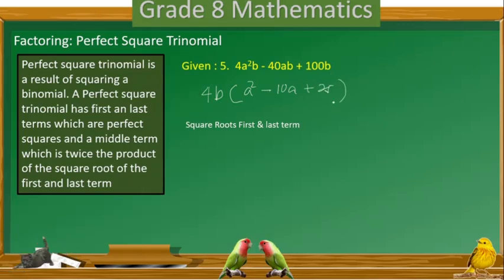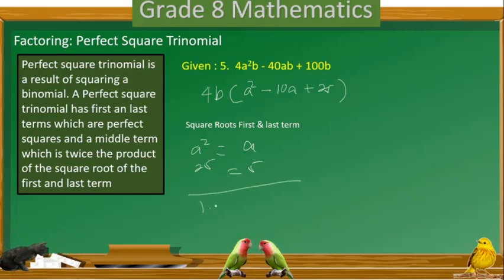Okay, 25. Now, that's the time that we're going to find the square root of that trinomial. For a squared we have a, for 25 we have 5. Let us check if it is a perfect square.